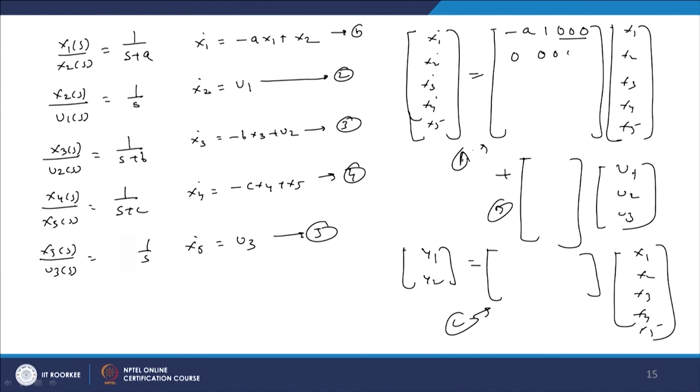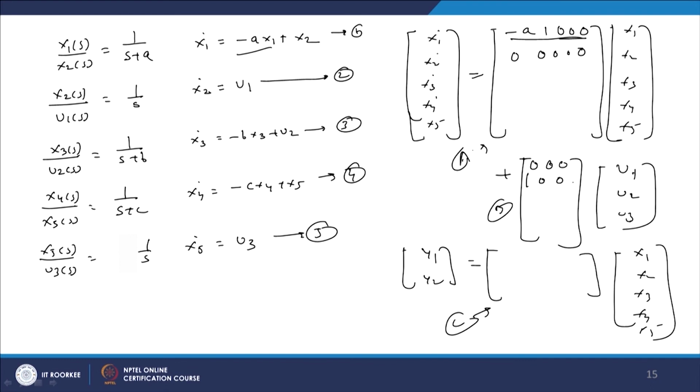So, we write down 0 0 0 0 0, but here u1 is 1. So, here we can write down 1 0 0, whereas if you see the first equation I have written this one as 0 0 0. There are no elements of x1 dot corresponding to u1, u2, u3, that is why we wrote 0 0 0, and for this we have written 1 0 0.